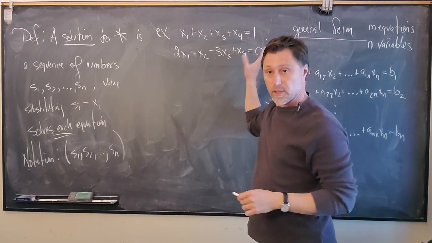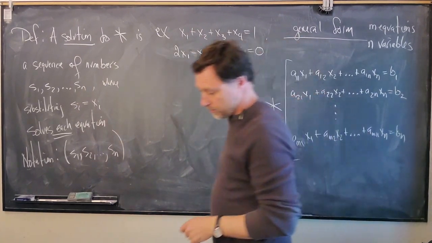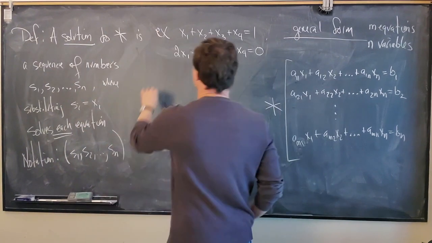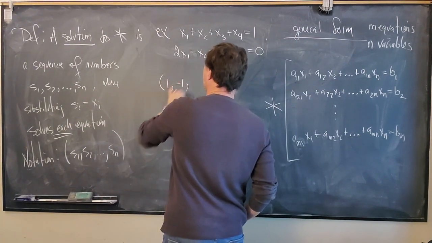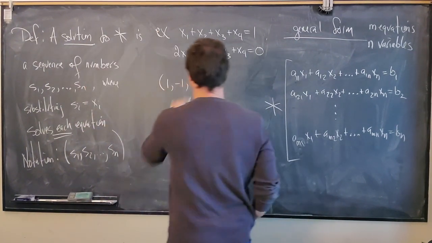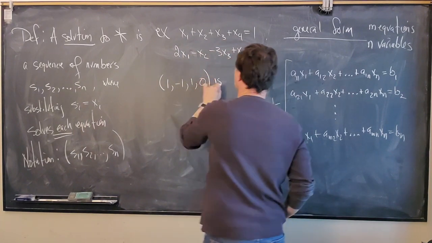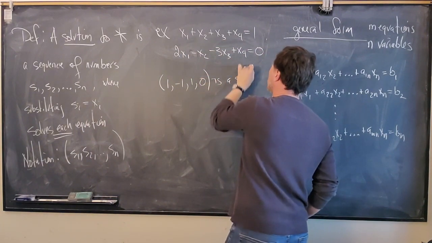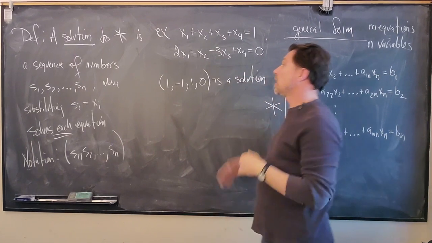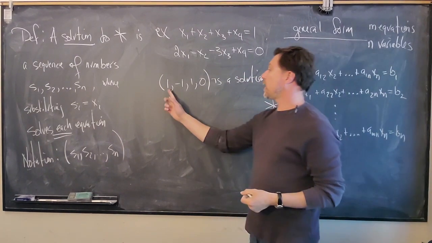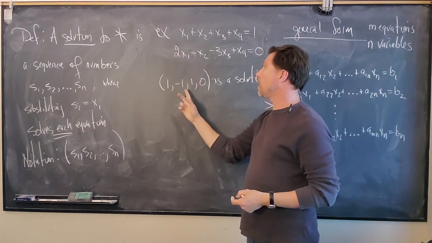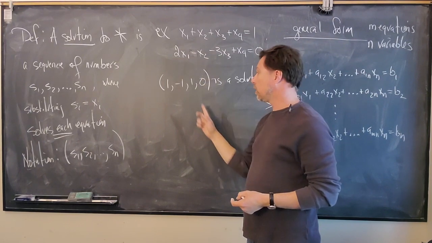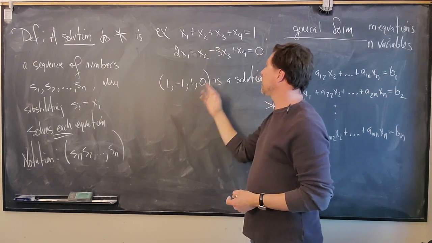So here's a linear system, and you can check that (1, -1, 1, 0) is a solution. So how do you verify that? You take 1, plug it in for x1, minus 1, plug it in for x2, 1, plug it in for x3, 0, plug it in for x4.